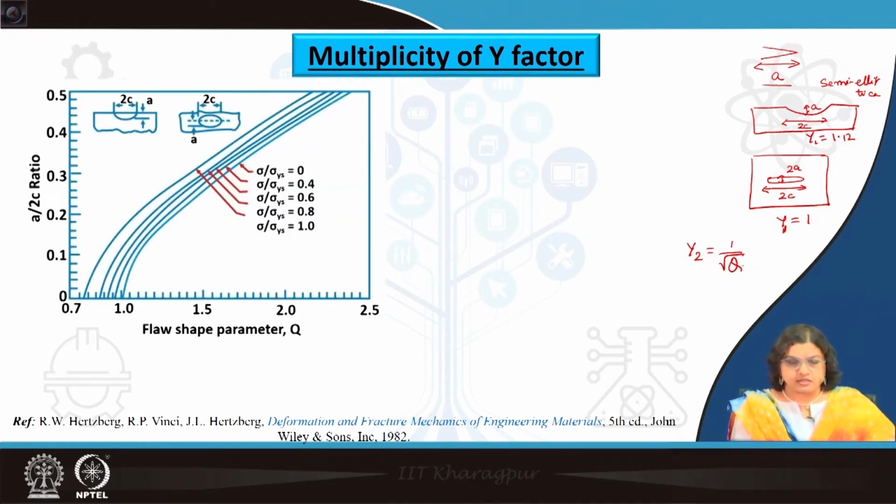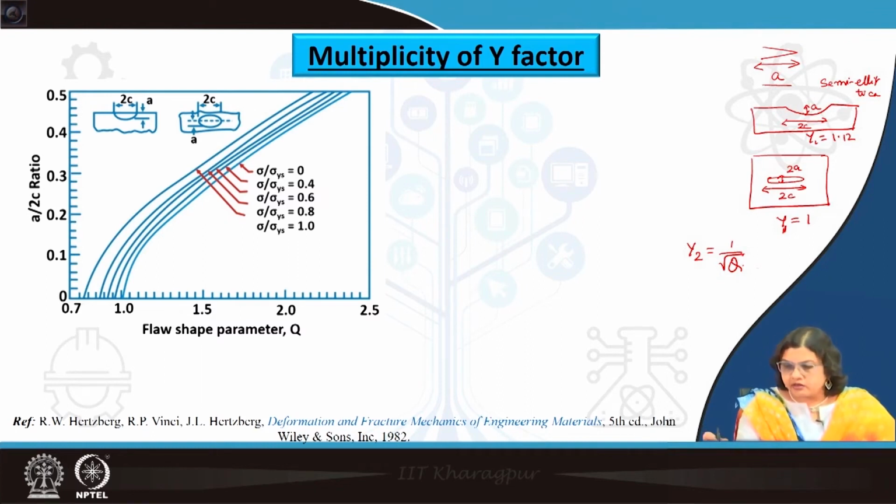We can see here these are practical values that have been determined for such different configurations and different positions of crack, and what we are seeing is that the a by 2c ratio is increasing with the flaw shape parameter. Now, when we have a crack of something like this shape, it has a natural tendency to form a semicircular or a circular void.